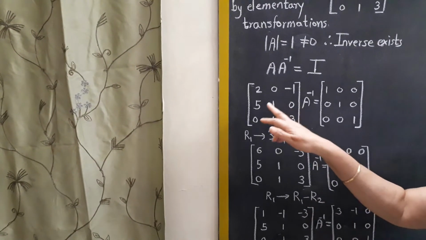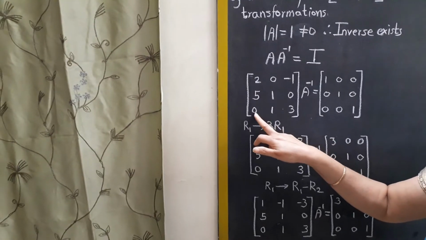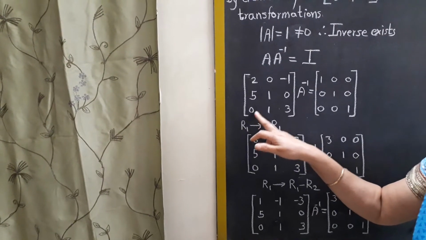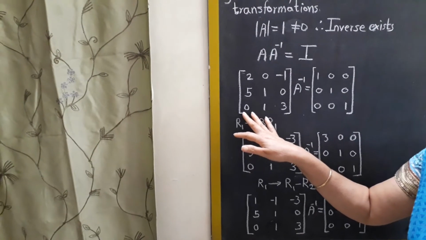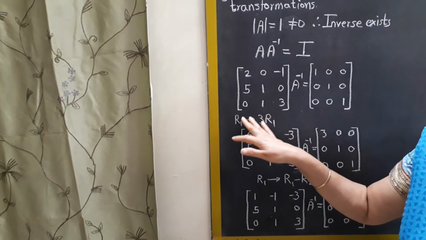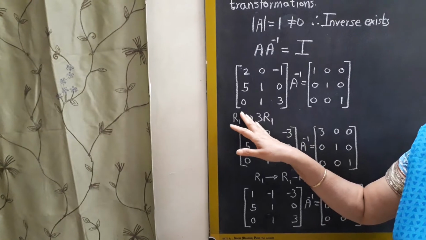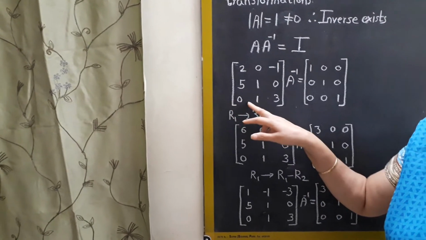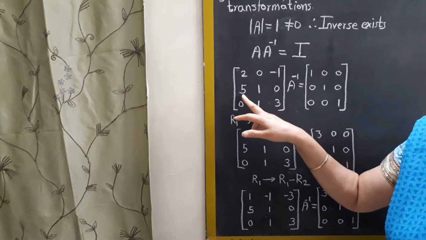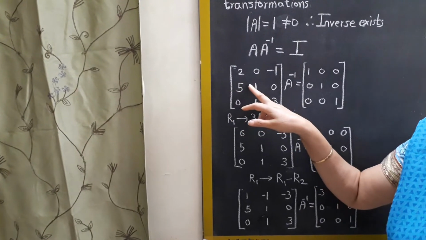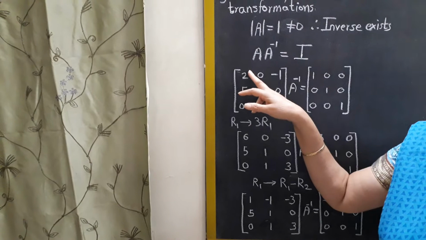But what is the way out? We can see there is a 0 over here, so no effect will be there. Whatever you multiply or divide by, 0 will become 0 only. So with the help of 0 we are not able to get 1, but with the help of any other number we can get 1.